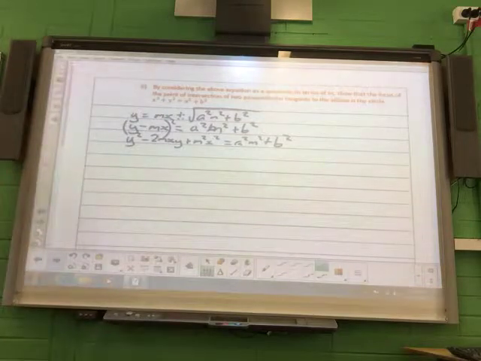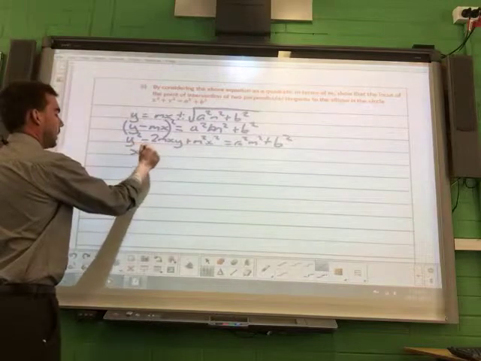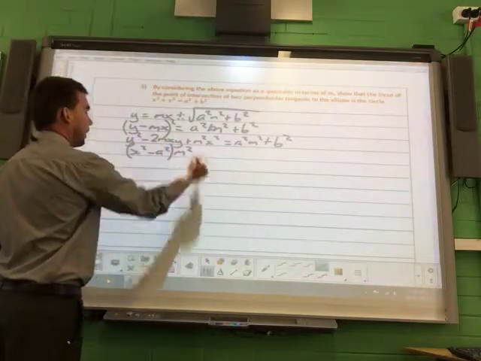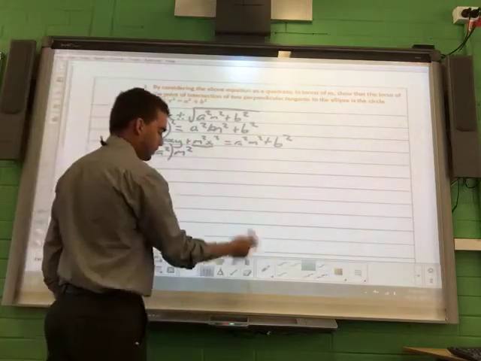The question said consider the above equation as quadratic in terms of m, so we need to set it up as a quadratic in m. We have x squared take away a squared, m squared, grouping our like powers of m.